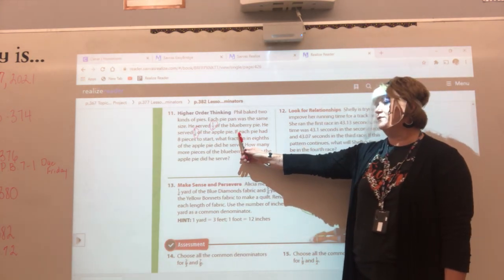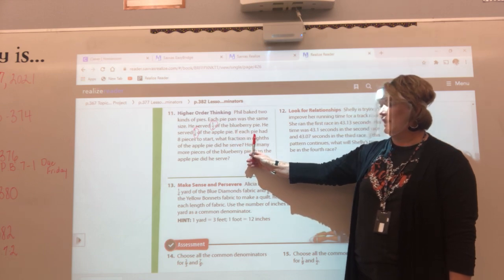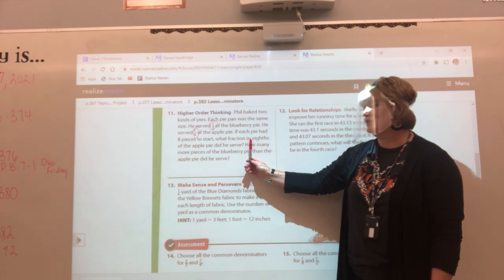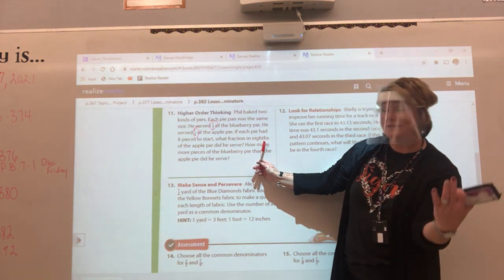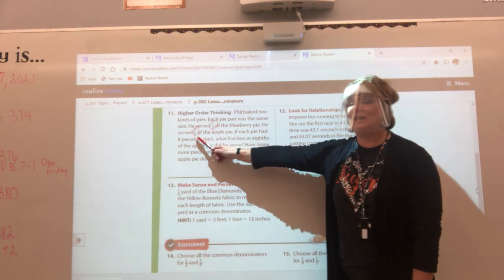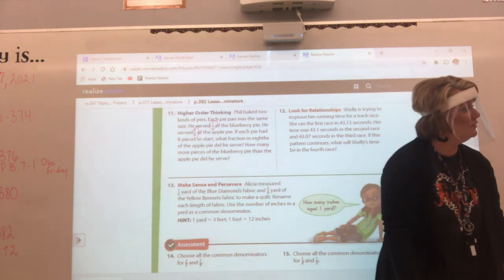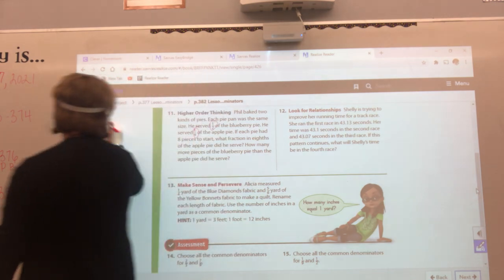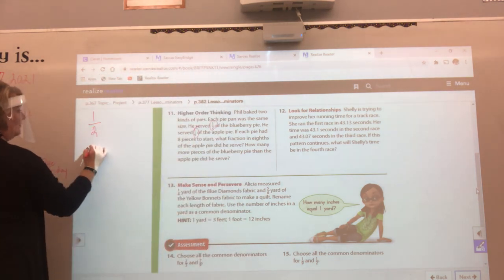Get your pencil on if. If each pie had 8 pieces to start, what fraction in, say this next word, 8. Is that an 8? No. Is that an 8? No. What are they wanting us to do? Use 8 as what? The common denominator. So write 1/2 and write 1/4.